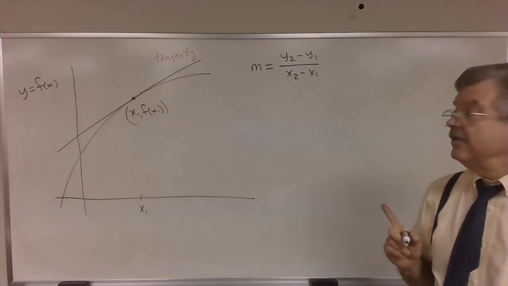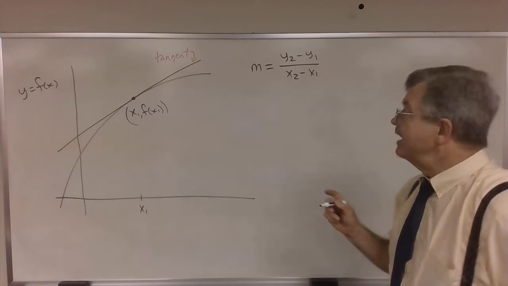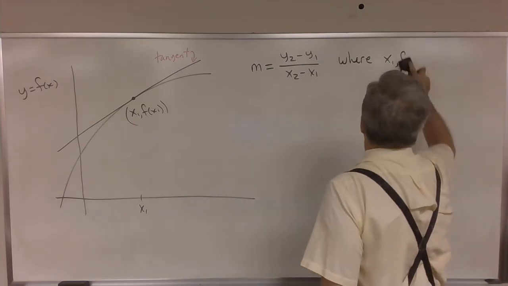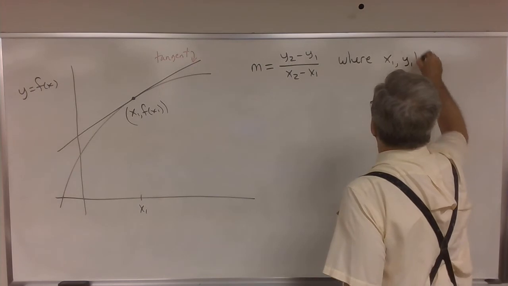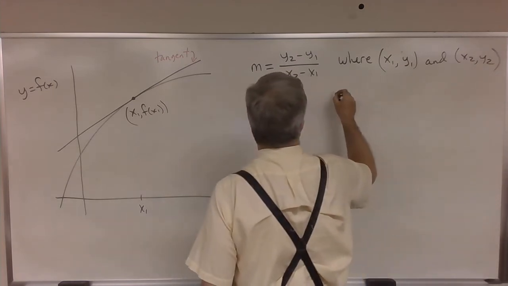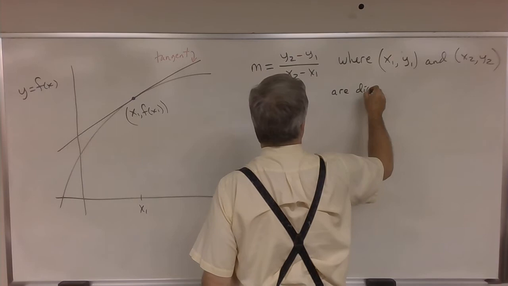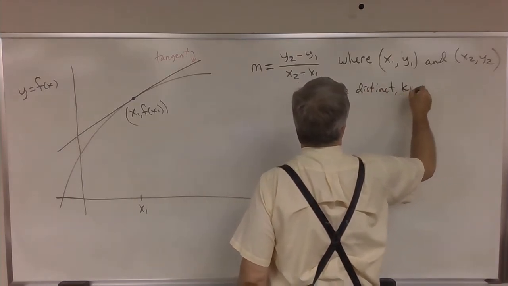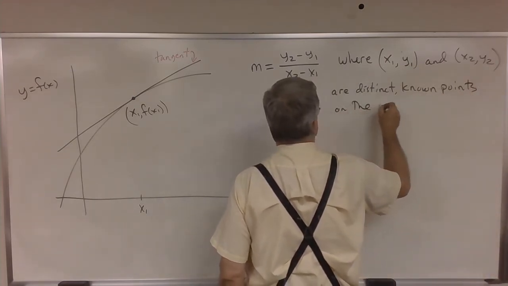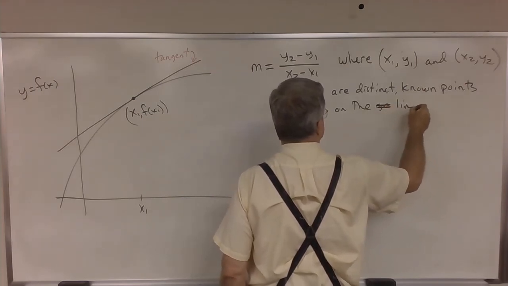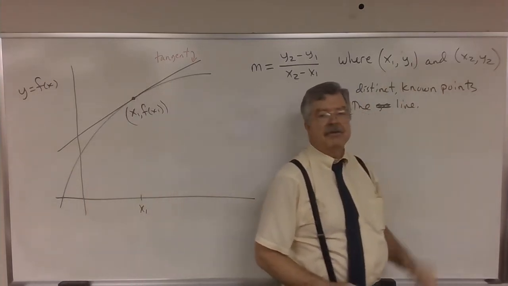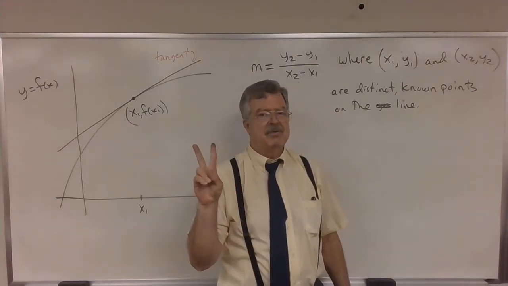Let's see, what are y2, y1, x2, x1? If we think about it, these are the coordinates of two known points on the graph. x1, y1 and x2, y2 are the coordinates of two distinct points. Distinct.